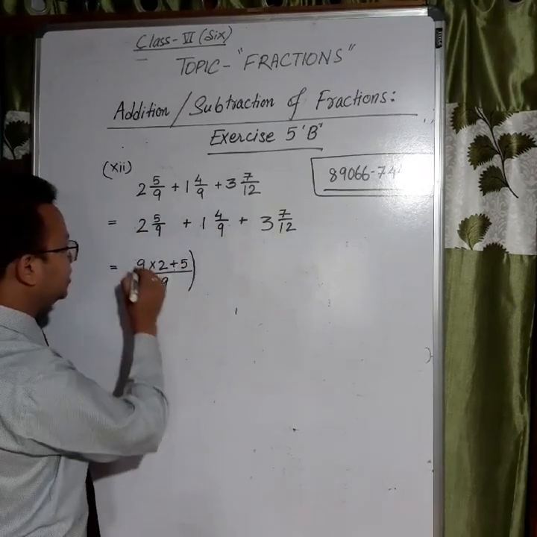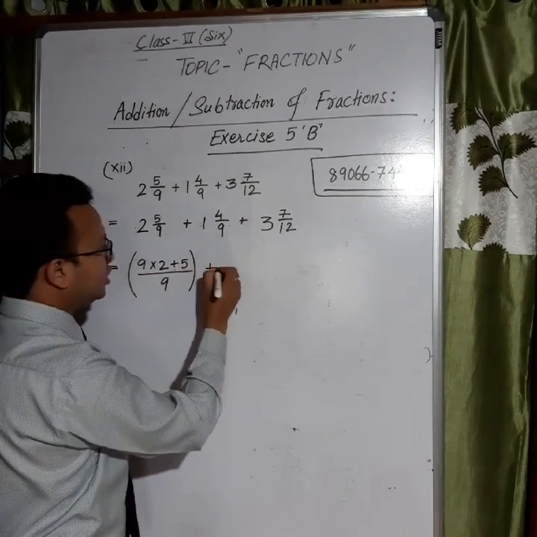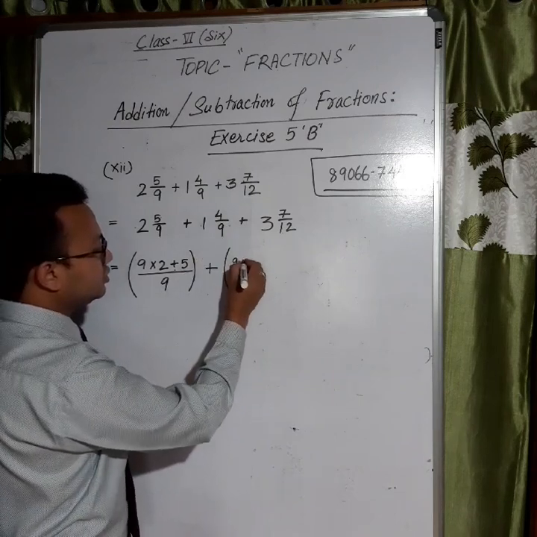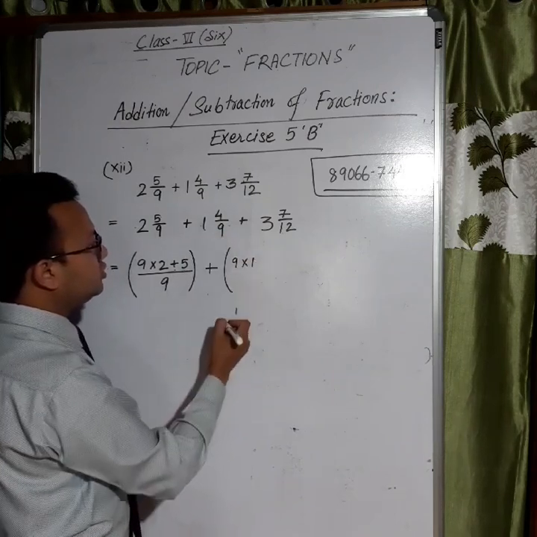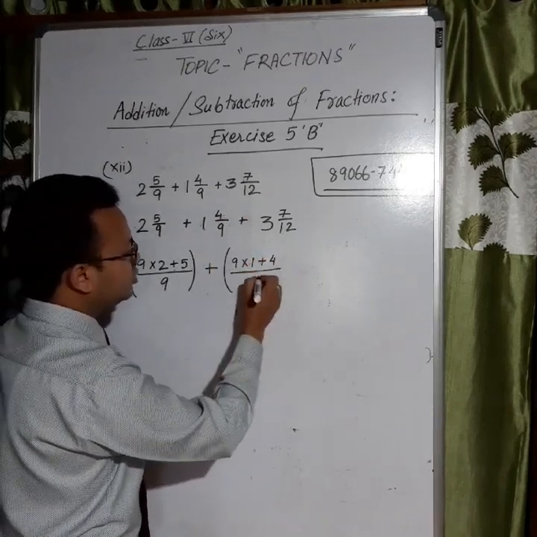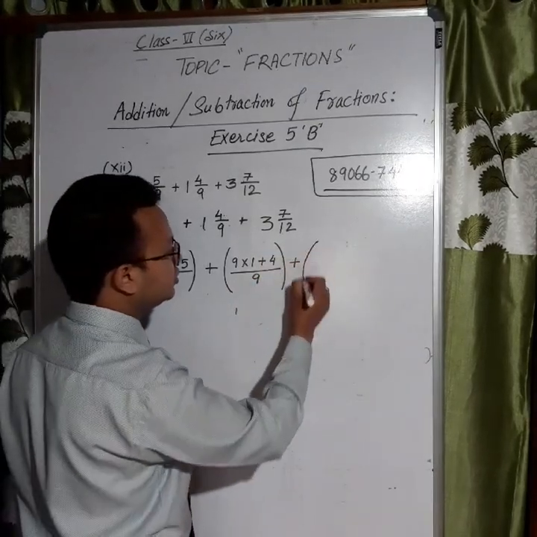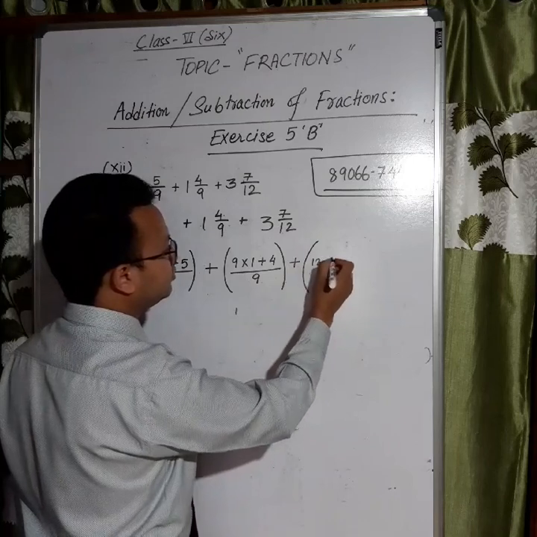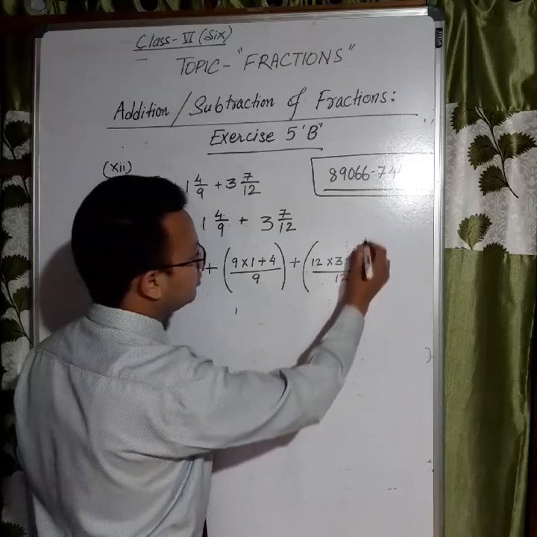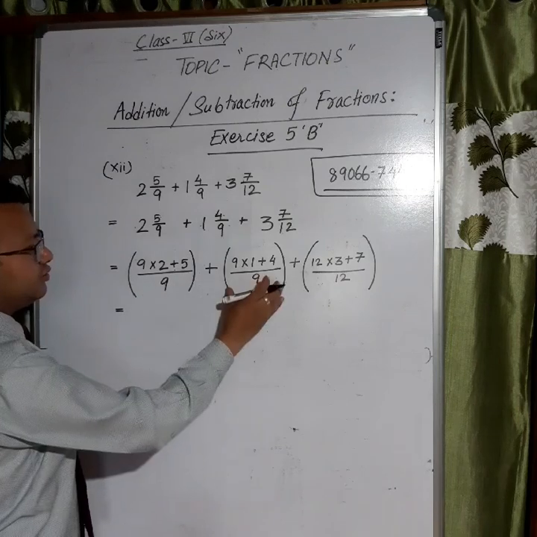For your simplicity, I am putting brackets for this fraction. Again, what is the sign here? Plus. Then 9 multiplied by 1 plus the numerator 4, upon 9. And here again 12 into 3 plus 7. These are the three fractions.